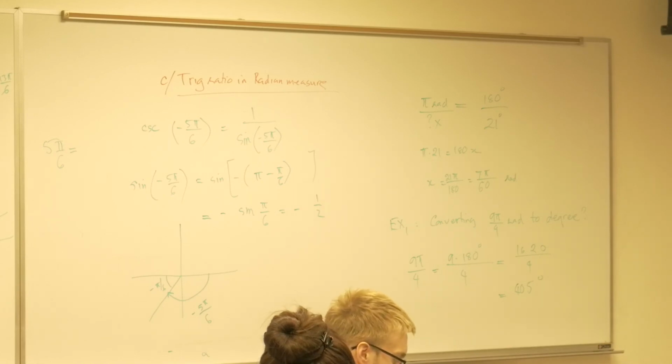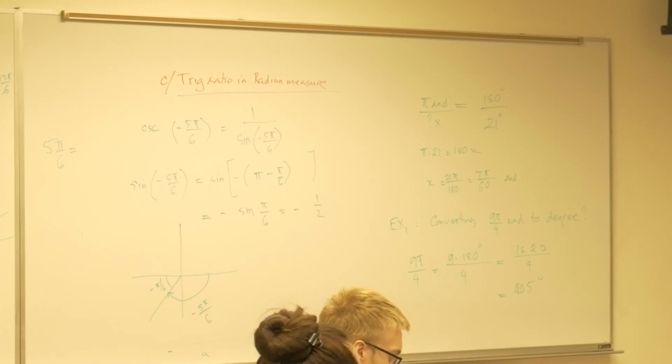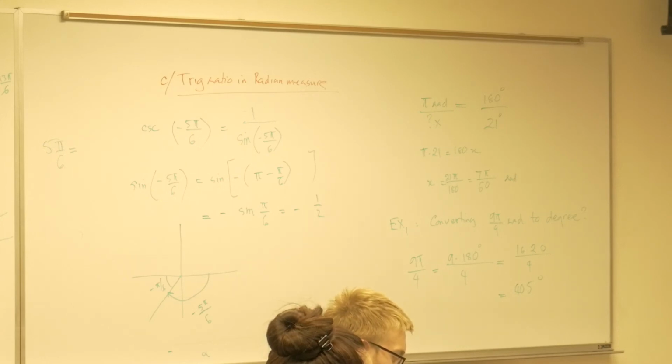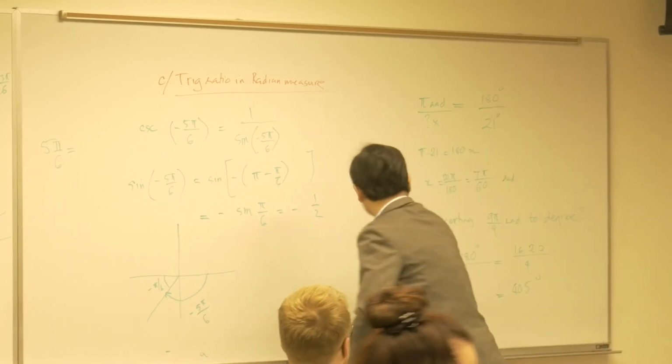Alright, before we finish the lecture, I want to talk about one more thing. So this is the first part. The second part of the lecture today, I want to talk about the application of radian measure.